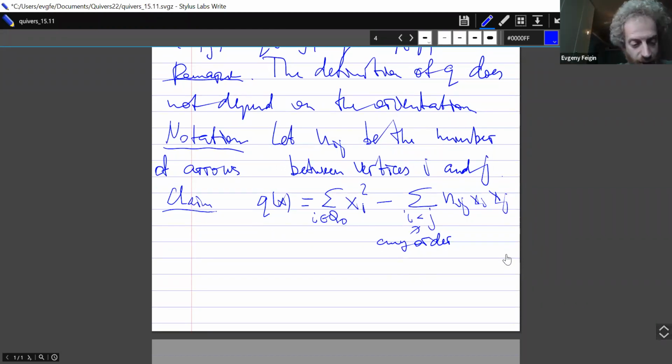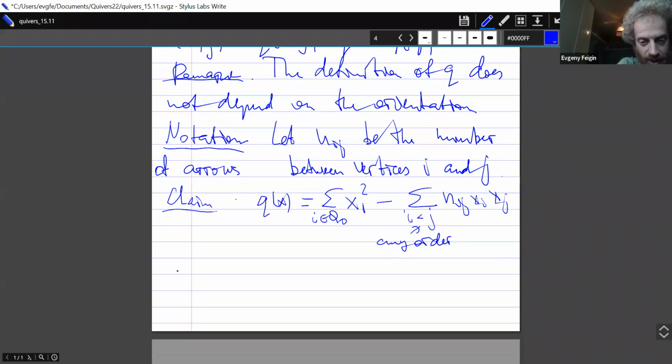The only thing we care about is the number of arrows between two vertices, and this order is needed only because we don't want to write twice the terms corresponding to each arrow. And this is the first computation.